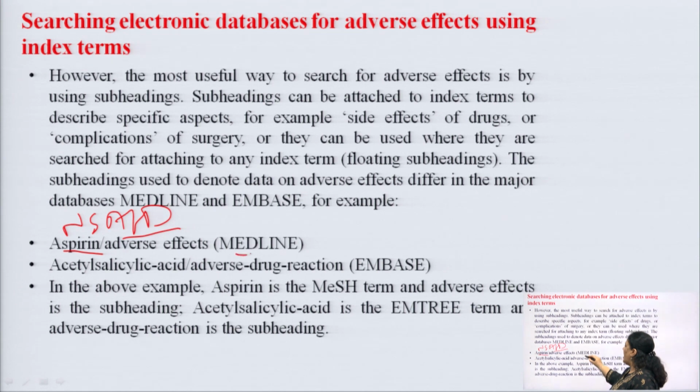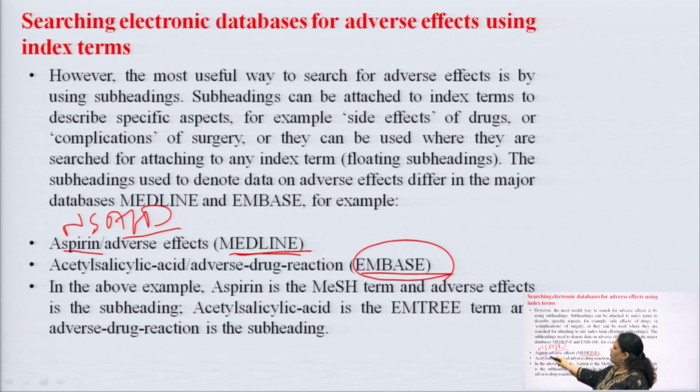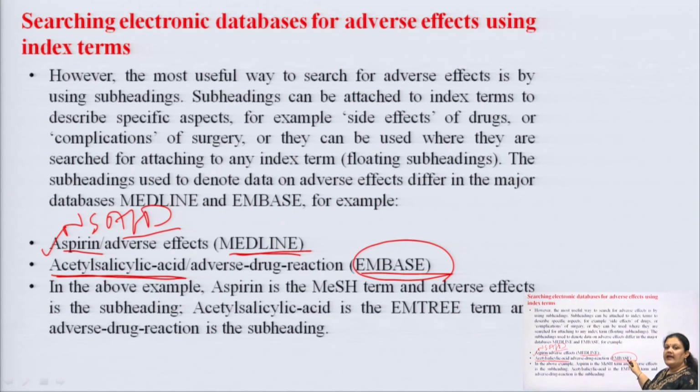So, if you are searching in Medline, you will get aspirin oblique adverse effect. When you go to the Embase search engine, you will not find this brand name. You will get its generic name, acetylsalicylic acid, as compared to aspirin. So it is the trade and generic name of aspirin: acetylsalicylic acid oblique ADR in Embase.